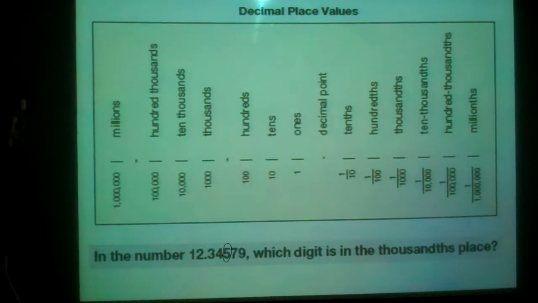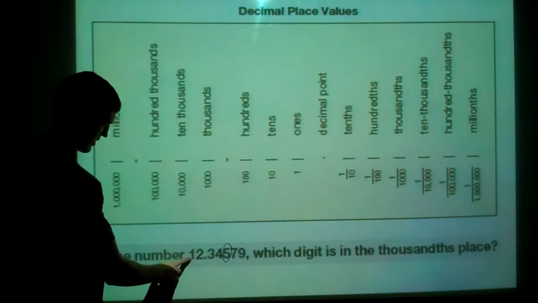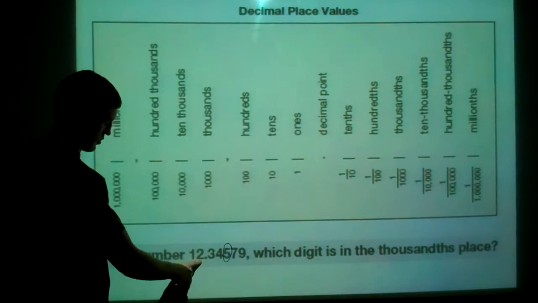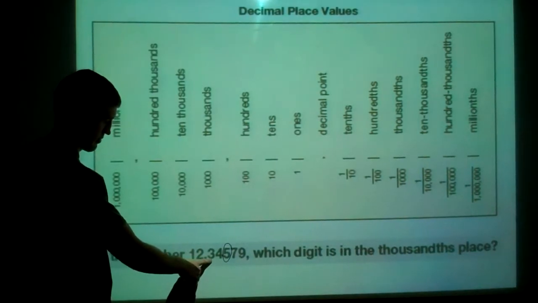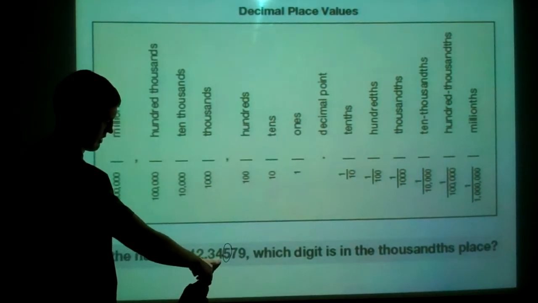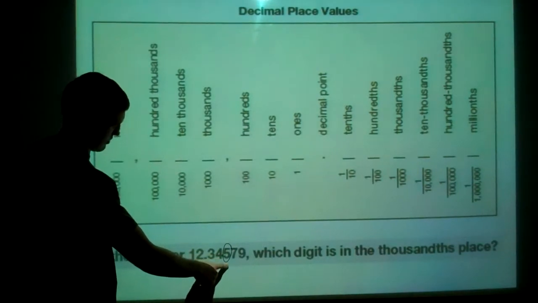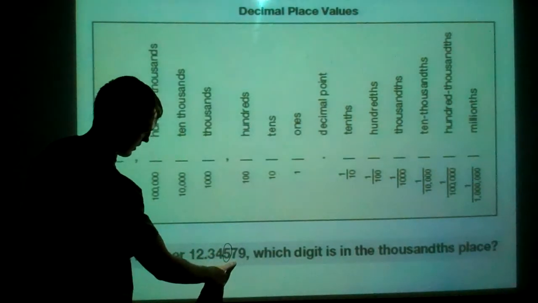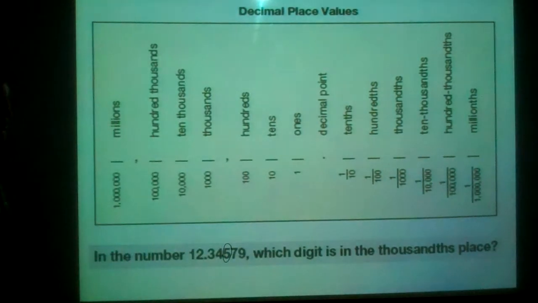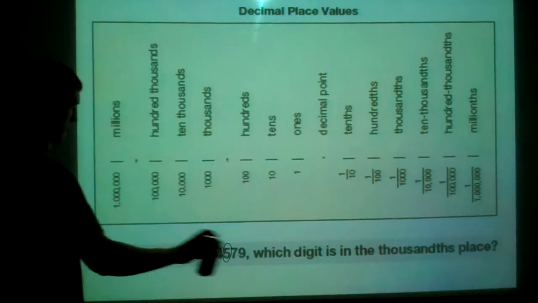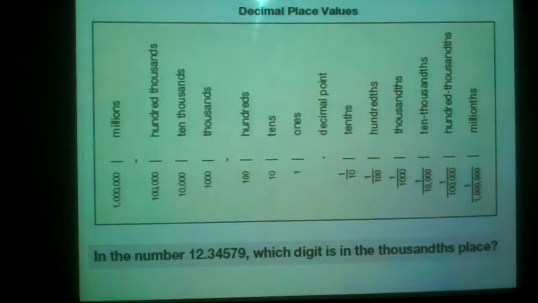So if we look at all these numbers, 1 is in your tens, 2 is in your ones, 3 is in your tenths, 4 is in your hundredths, 5 is in your thousandths, 7 is in your 10,000ths, 9 is in your 100,000ths. And notice how all of these end with THS, at least the ones to the right of the decimal.